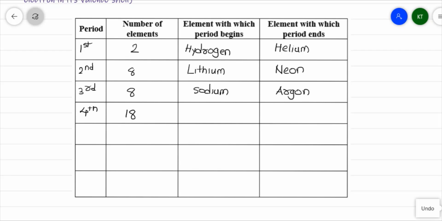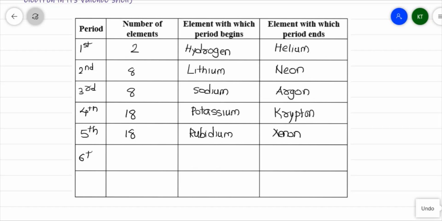It begins with potassium and ends with krypton, a noble gas. Once again, the fifth period also consists of 18 elements. It starts with rubidium and ends with xenon as a noble gas.